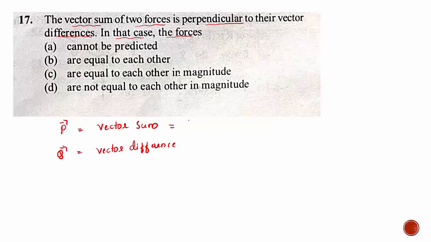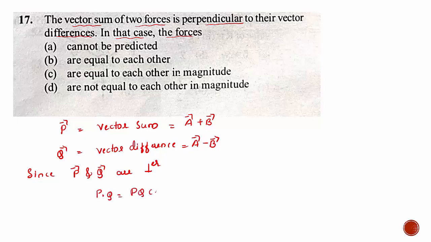We can take the vector sum as A plus B and the vector difference as vector A minus vector B. Since P and Q are perpendicular, P dot Q is equal to PQ cos theta. If theta equals 90 degrees, then it will be PQ into cos 90, which is 0. That means they are perpendicular.